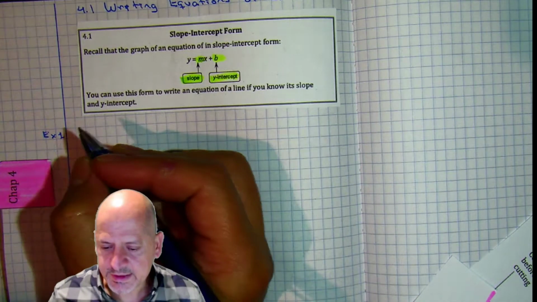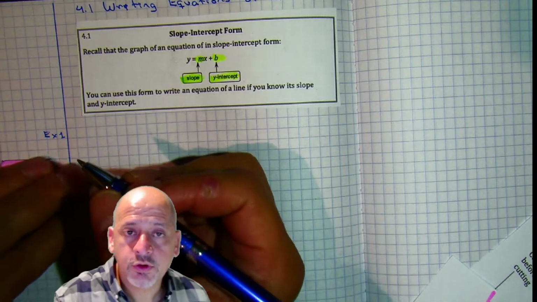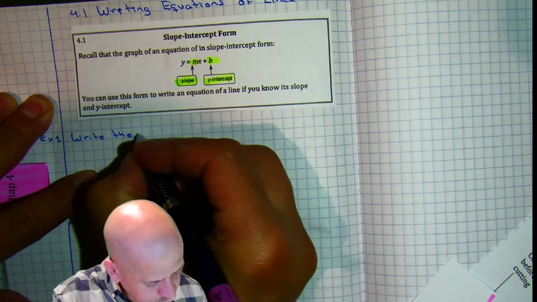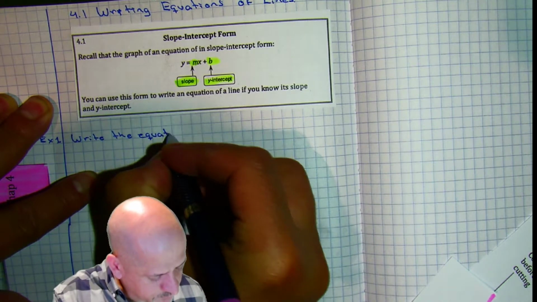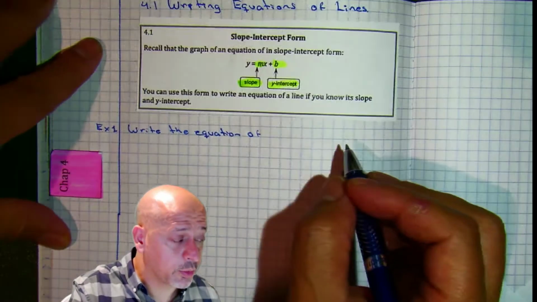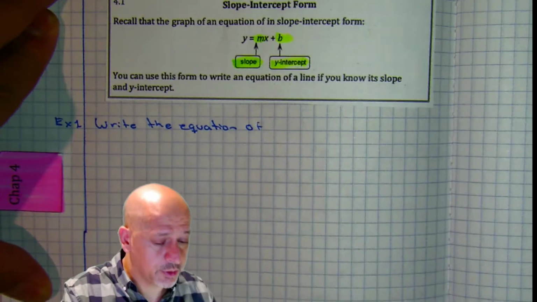Now, example number 1. And it says, write the equation of the line with y-intercept of (0, 5). And you do need to copy down the entire word problem. I'll zoom in a bit more.